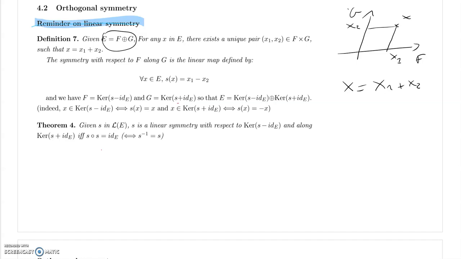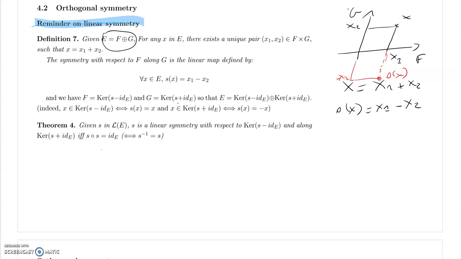When we're doing the linear symmetry, S of x is: we keep the x1 part and we take the opposite of the x2 part. So that's going to send us to the other side of that direction F, and we take minus x2, and that's going to be S of x.